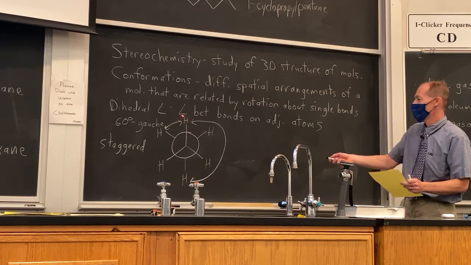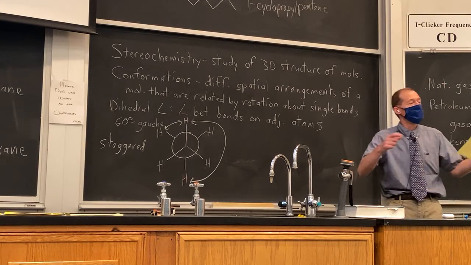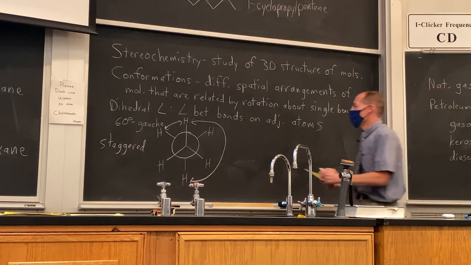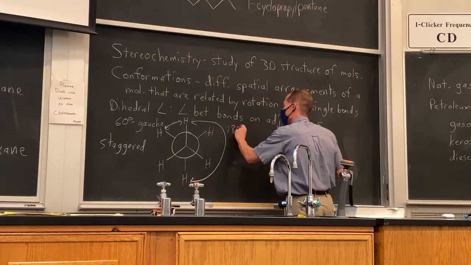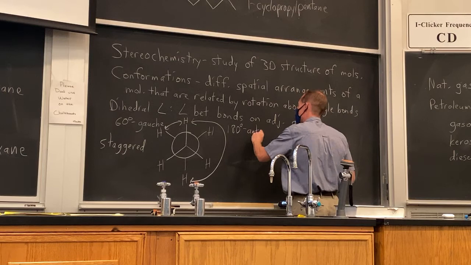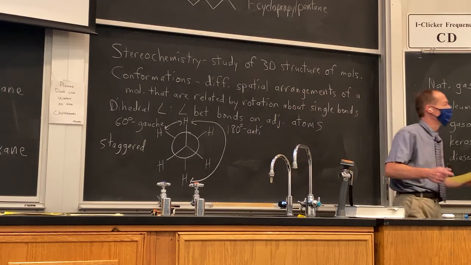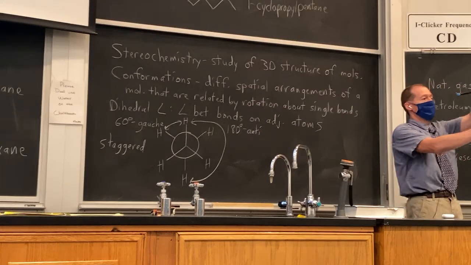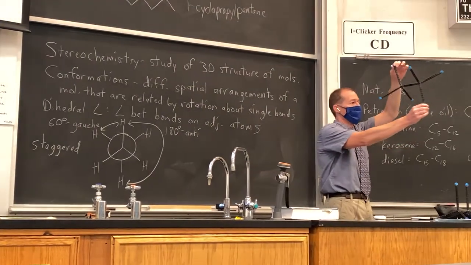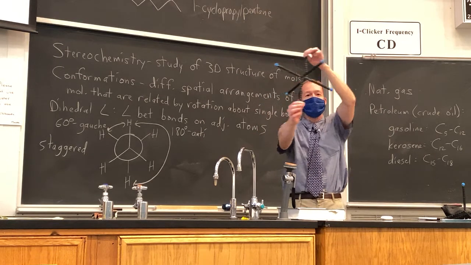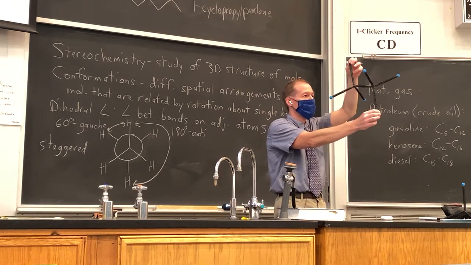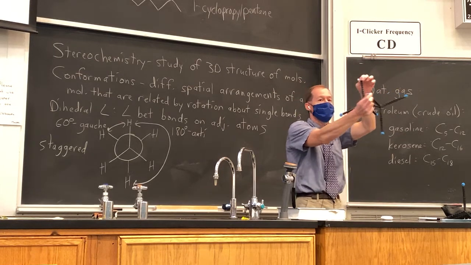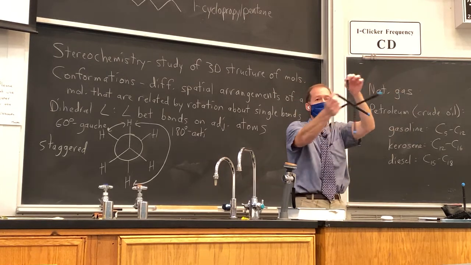Right, the dihedral angle between this hydrogen and that hydrogen, and these hydrogens have to be on adjacent carbons. That's 180 degrees. That's referred to as anti. So when we see the word anti, that refers to a 180-degree dihedral angle. So these 2 hydrogens that I'm holding in my hand are anti to each other. These 2 hydrogens that I'm now holding are gauche to each other. Okay, questions?